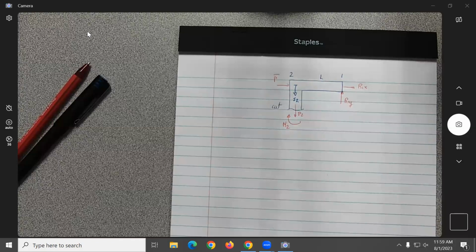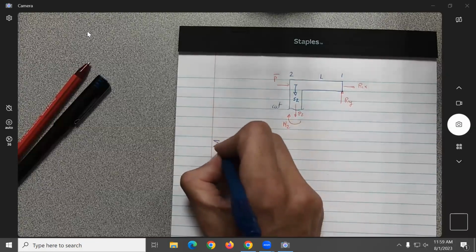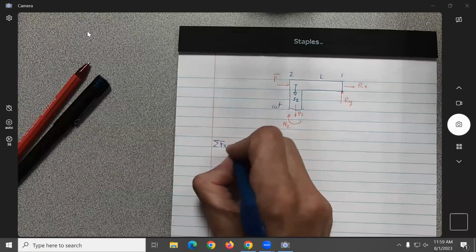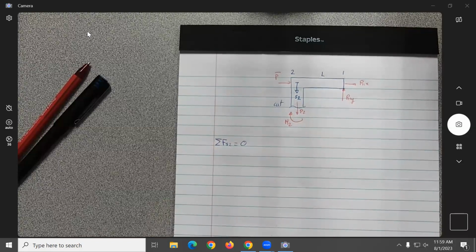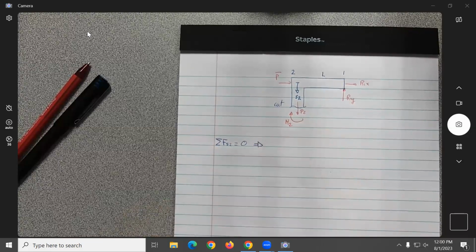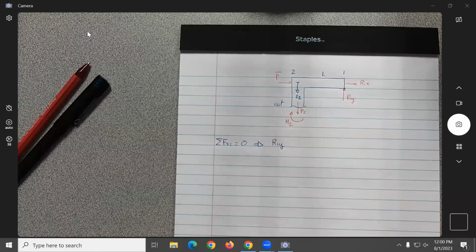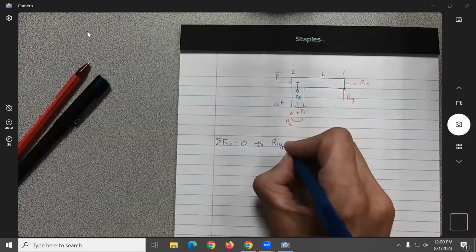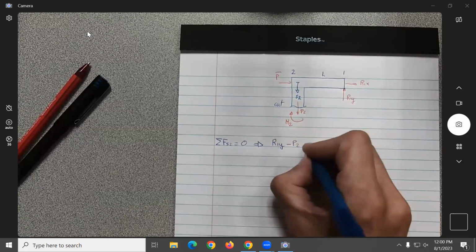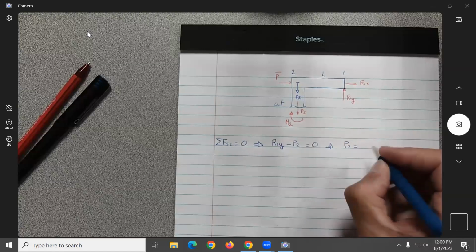Okay, so what do we do in order to find P2? Summation of forces on the S2. Okay, this will give what? R1Y minus P2 equal to 0, or P2, which is the actual force, would be equal to what?